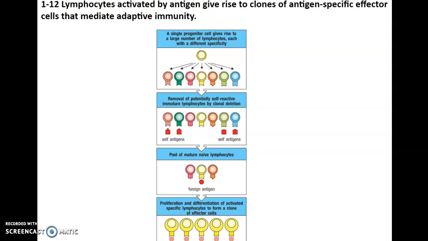So we're going to need some sort of tolerance mechanism, because we don't want our B cells and T cells attacking our own proteins. And so that's going to happen in the case of B cells in the bone marrow, in the case of T cells in the thymus. While these things are developing, we are going to have tolerance or negative selection that gets rid of anything that is autoreactive, hopefully.